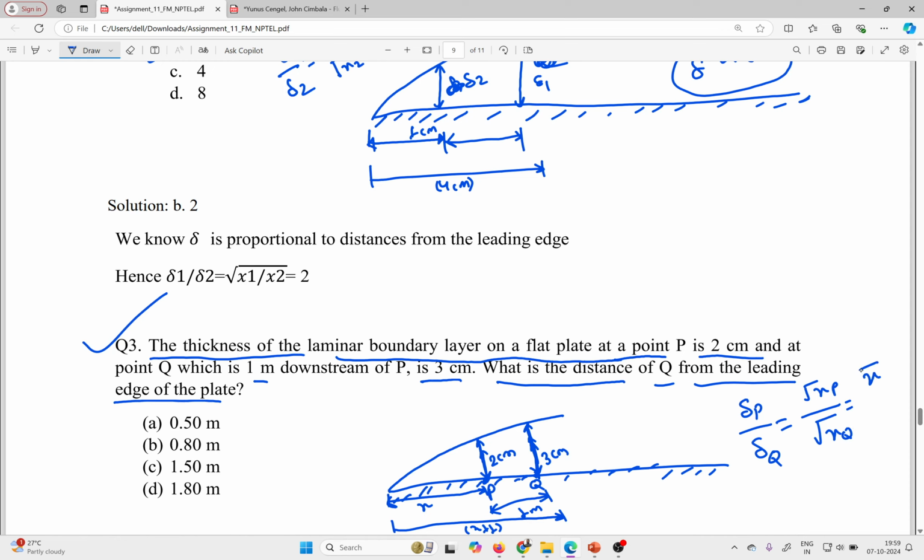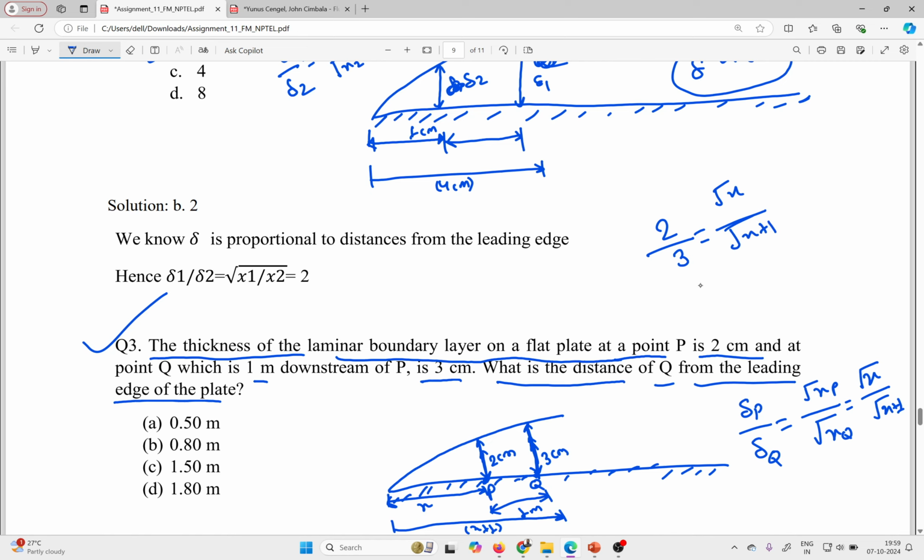So this is x and this is x plus 1. Delta p is given 2 and delta q is given 3. And x you need to calculate.